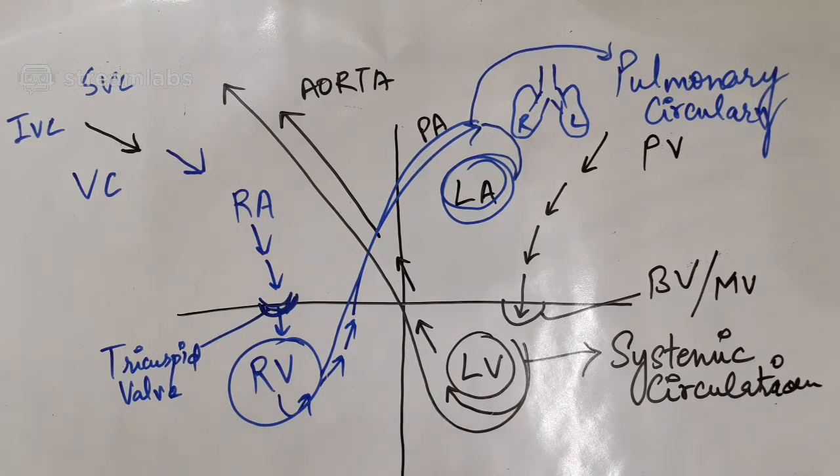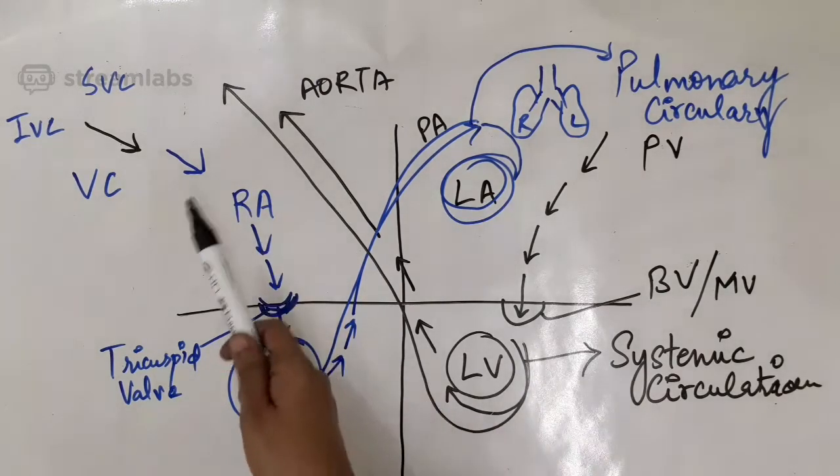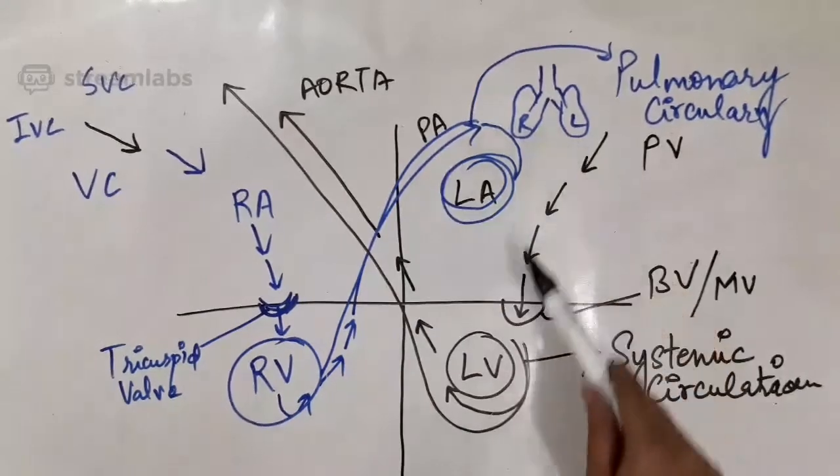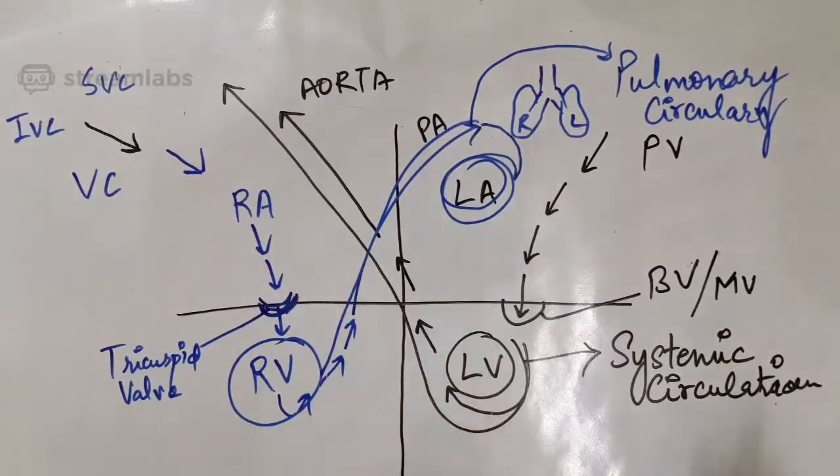Pulmonary and systemic circulation are together known as double circulation. The blood is coming into the heart and going away from the heart, and this is known as double circulation.